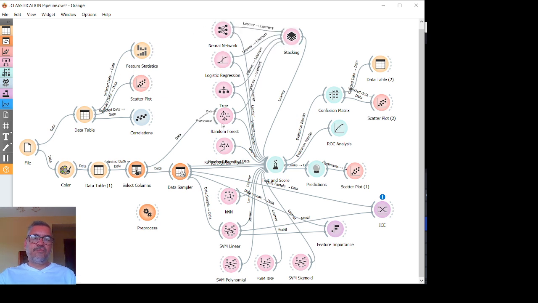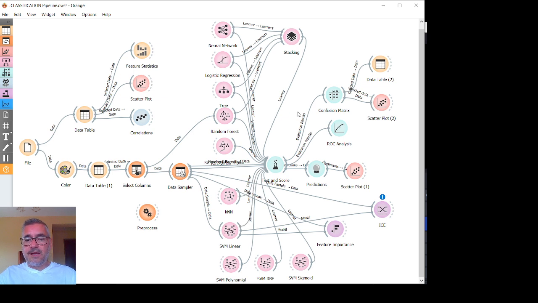Each one of these algorithms votes, and the final vote is according to the majority of these four models. This is how stacking selects the target, forecasting the target variable. Of course, I can connect it with all the forecasting algorithms here.